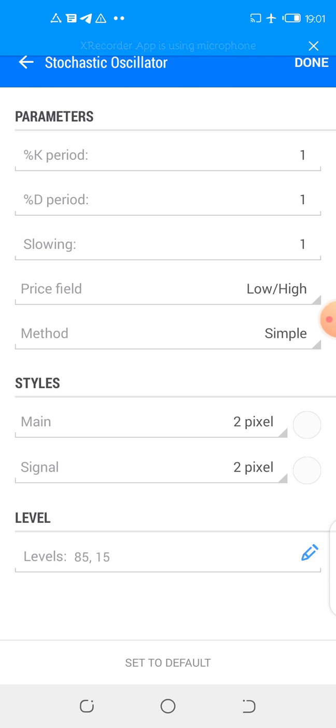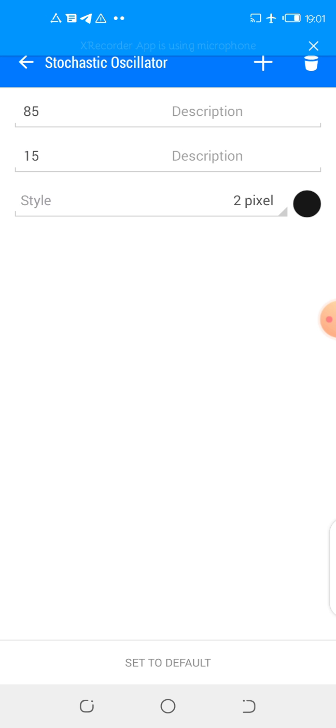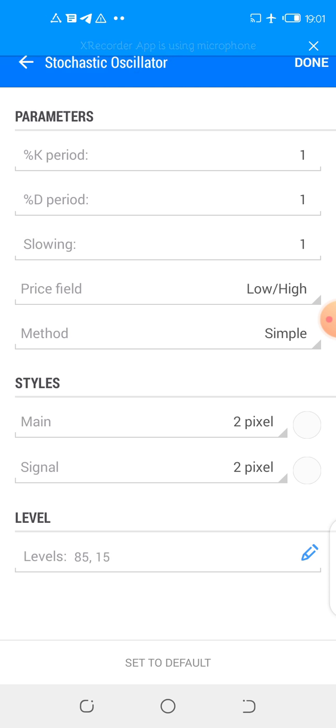You add a stochastic oscillator and set K period 1, D period 1, slowing 1, price field low/high, method simple. Put the colors to be the same as the background, and then the levels 15 and 85. Actually for the stochastic window, I just need the levels.